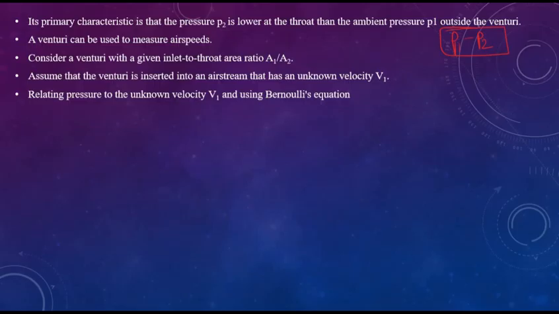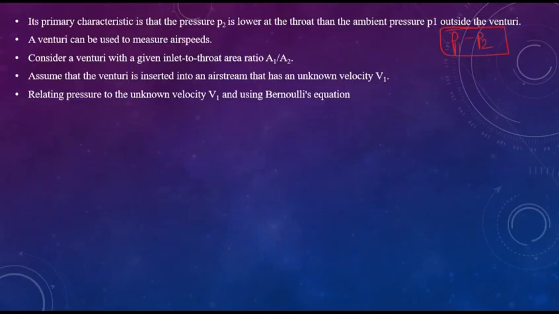Because we know P2 is less than the ambient pressure, we have a pressure difference P1 minus P2. This pressure difference will help force the fuel into the air stream and mix with the air downstream of the throat. So this is how a venturi can be used. This was one of the examples that we have seen.